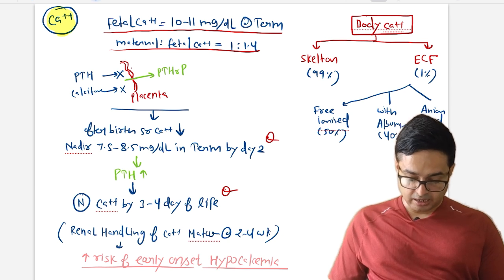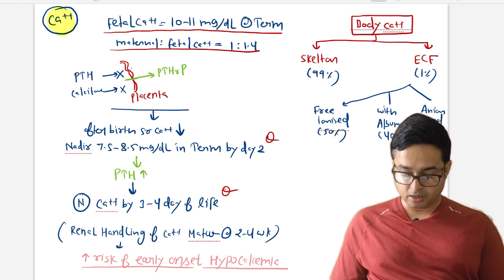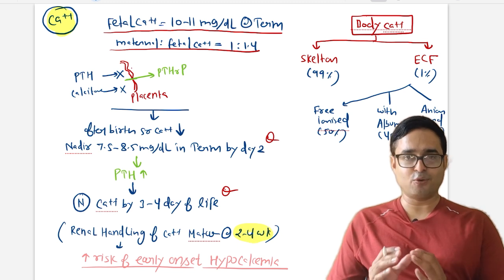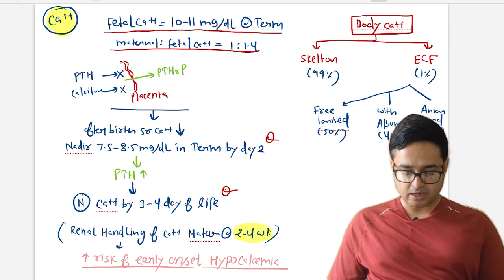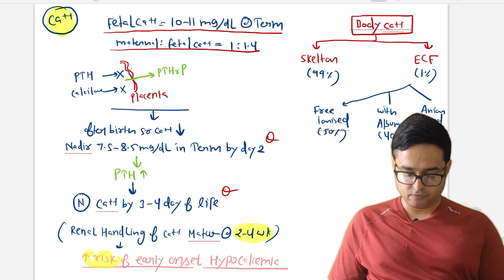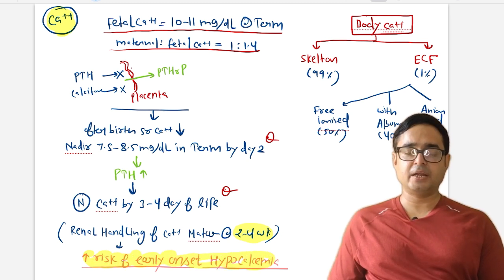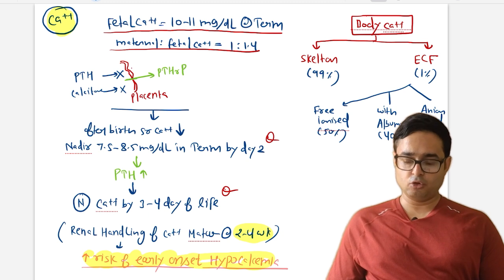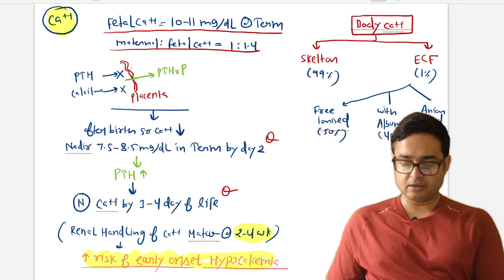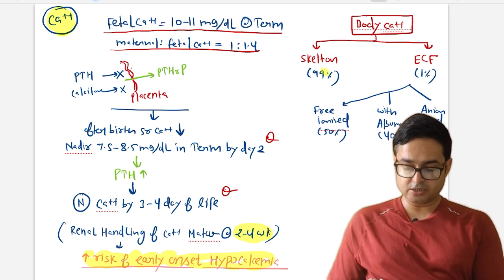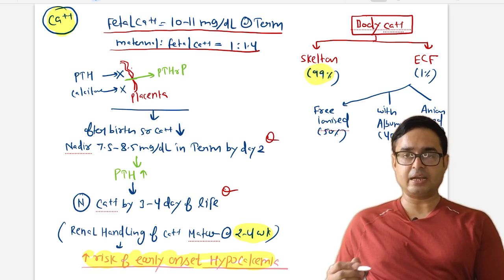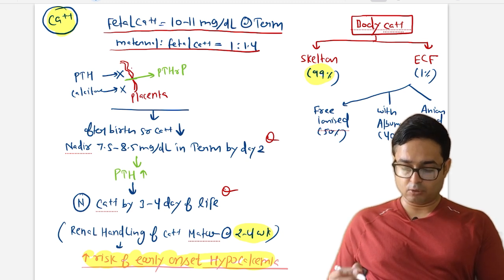Renal handling of calcium takes 2 to 4 weeks to mature. By all these factors, neonates are at increased risk of early onset hypocalcemia, specifically preterm or septic newborns. Body calcium is generally found in the skeleton, 99% in bones.